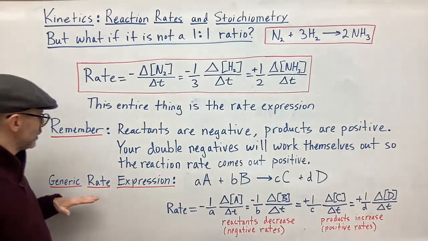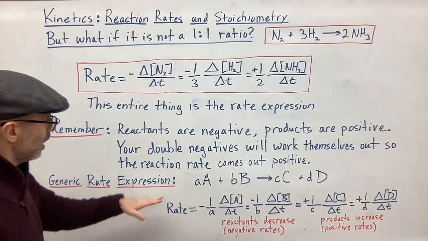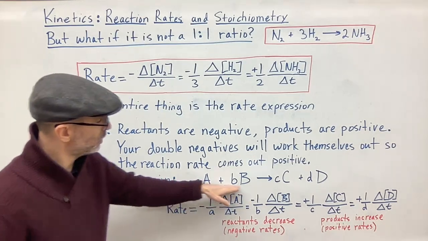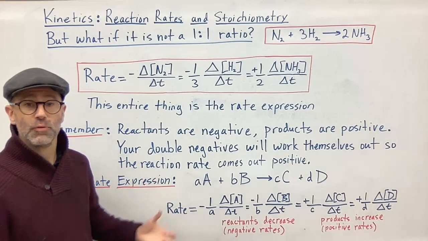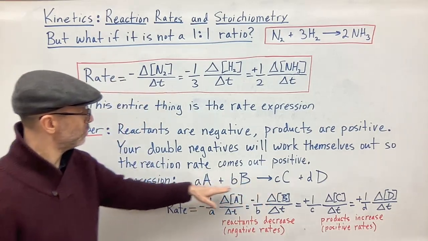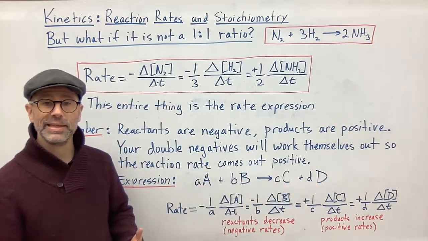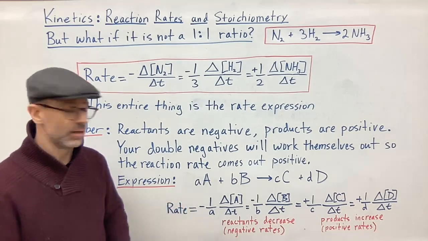So here is the generic rate expression. Here, I wrote a generic equation. Little a, little b, little c, and little d are the coefficients. So small letters are the coefficients, and the big or capital letters represent the species, the reactants and products.